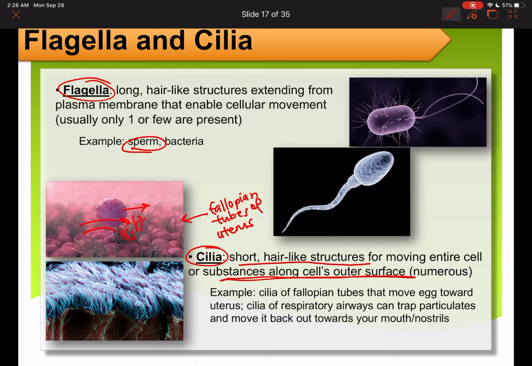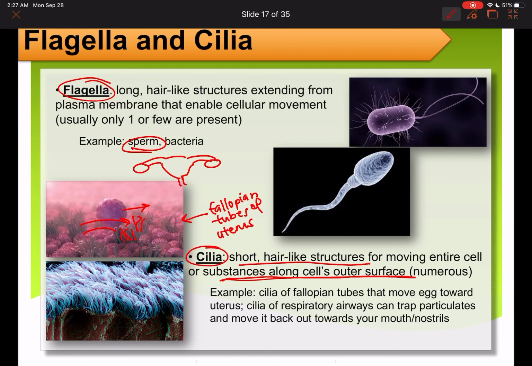The egg cell does not have little arms or flagella to move, so what moves the egg instead are these cilia within the lining of the fallopian tube. For females, there are the ovaries, the fallopian tubes, and then the uterus.